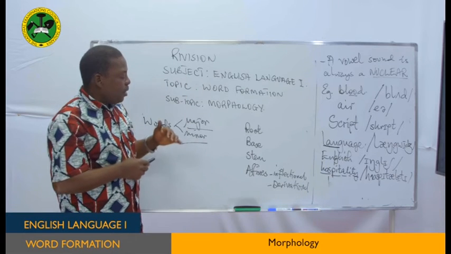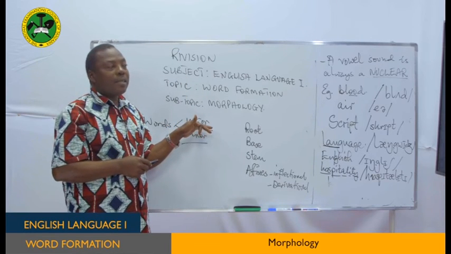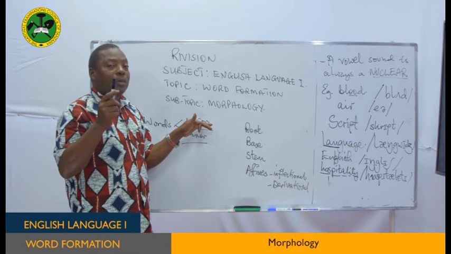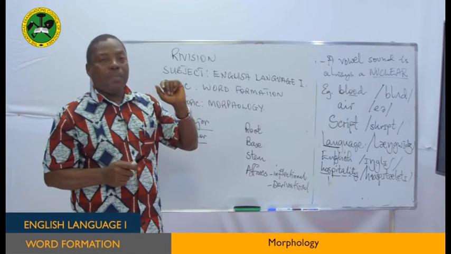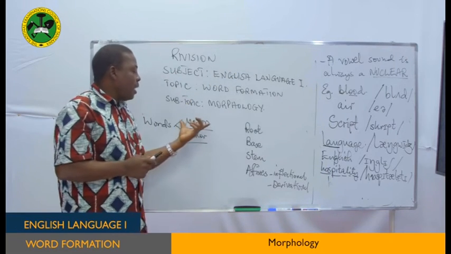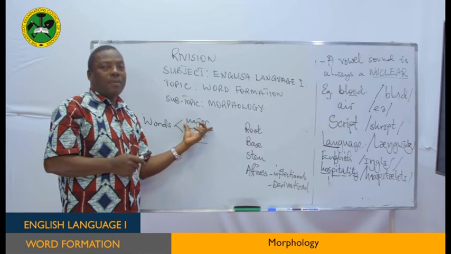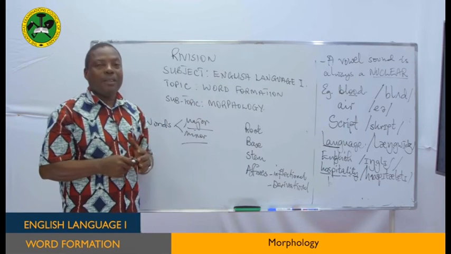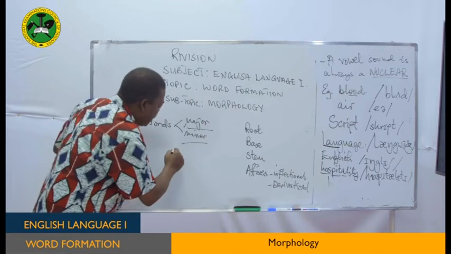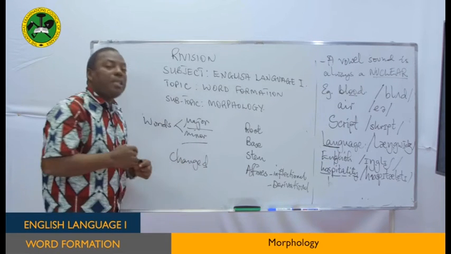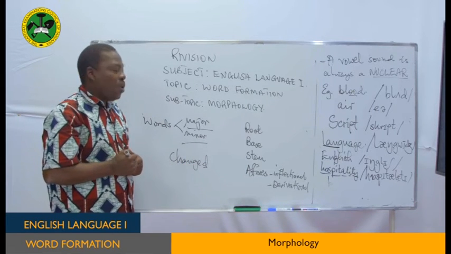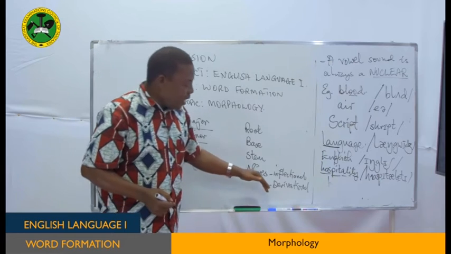The word life is under major word class, and it's a noun. It doesn't have any attachment. The word changed, that word is under major word class. It has an attachment. The attachment in the word changed is the element D, which in this case is an affix.